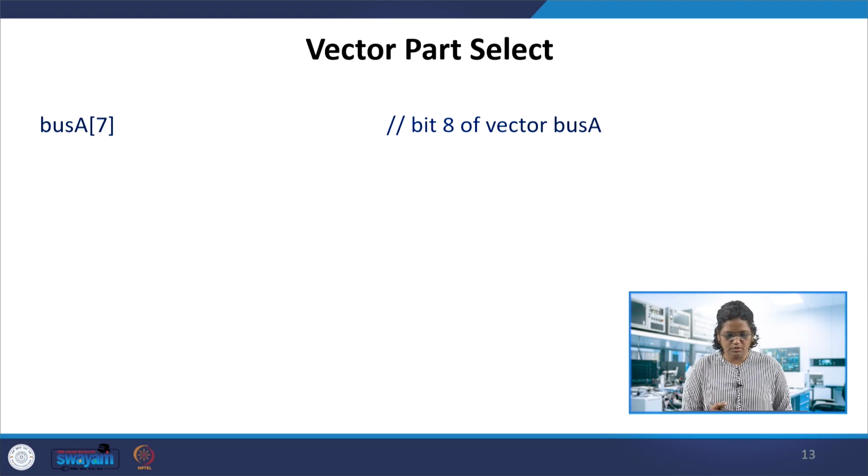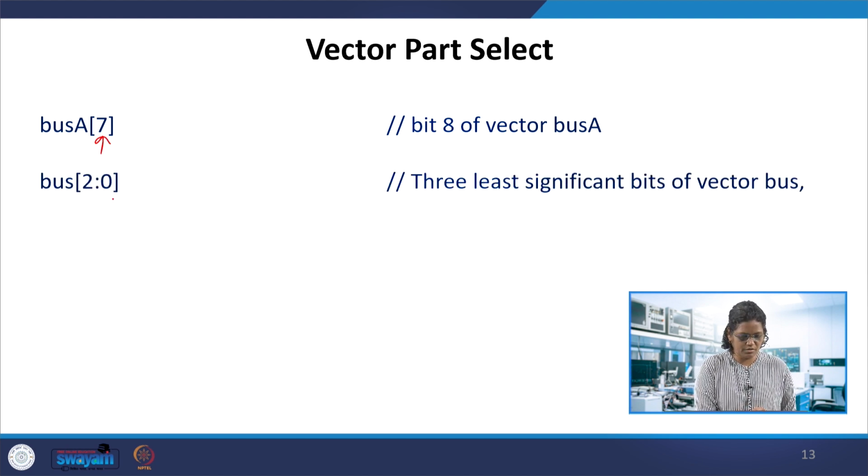So how to do the vector part select? In this example, the vector is bus A, and if you write bus A[7], it is going to pick up the 8th bit from bus A. If you want to select some bits out of 8 bits, or whatever the bus A size is, it can be 16 bit, or [2:0]. That means it will pick up, suppose we assume the bus is 8 bit, 1010 1110, from 0 to 2, that is 0, 1, 2.